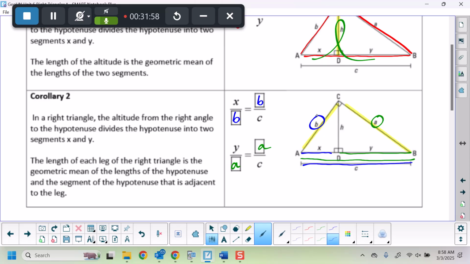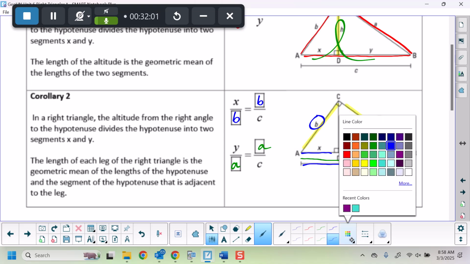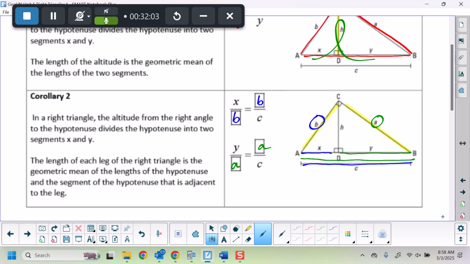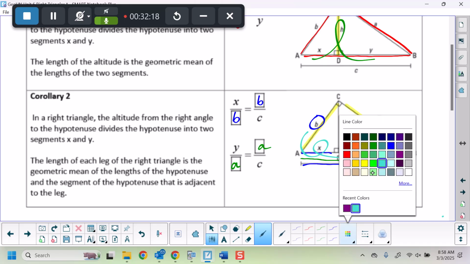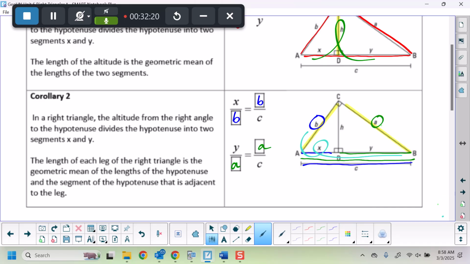Some kids like to do a loop-de-loop conversation with this one. Some kids find it too forced. This one everybody sees and knows. Some kids like to talk about this conversation where I can go from b to the one it's touching and the whole. And then the reverse of that is going to be if you talk about a to the one that it's touching and the whole.